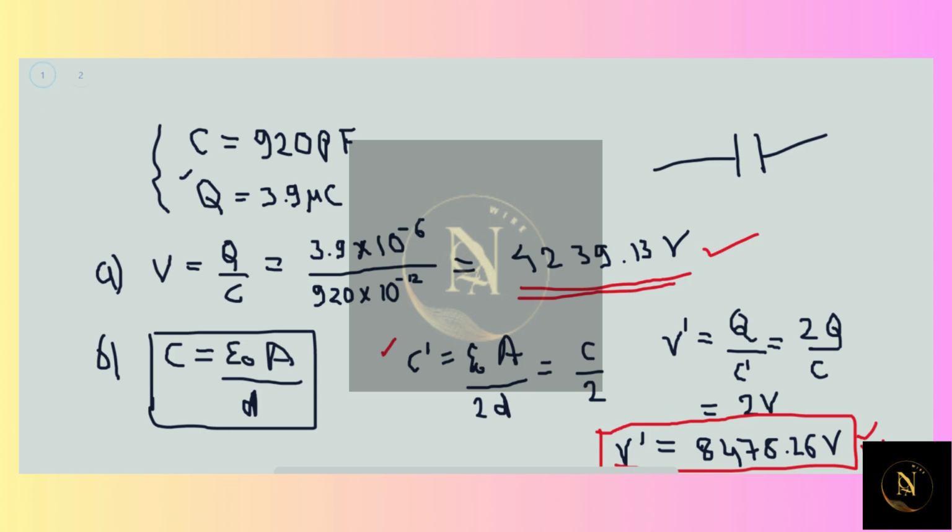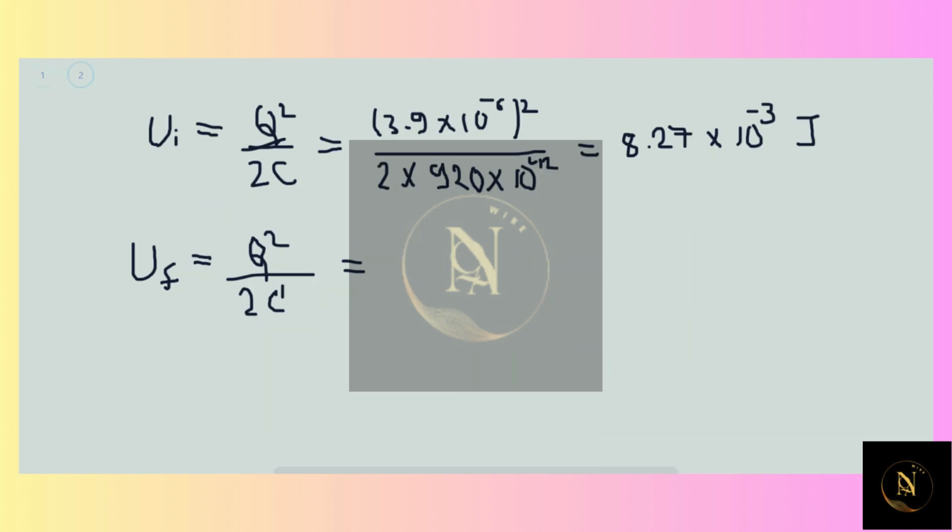As you can see, C prime is half of the initial capacitance. So if I write C prime as C by 2, I'm going to have Q square over C, which is nothing but twice the initial potential energy.